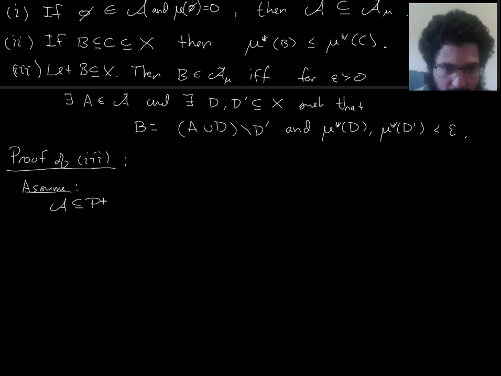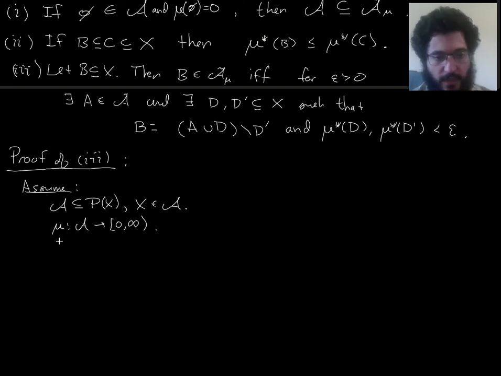Let me get my assumptions down. A is just any old collection of subsets of X. It contains X. Mu is any old non-negative function on A, and that's it, right?